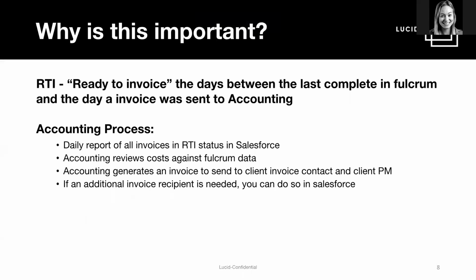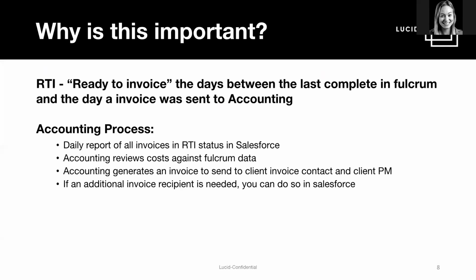RTI refers to Ready to Invoice, which is the days between the last complete date in Fulcrum and the day the invoice was sent to accounting. Once an invoice is placed in RTI status, the typical turnaround for an invoice to reach a client is 24 to 48 hours.